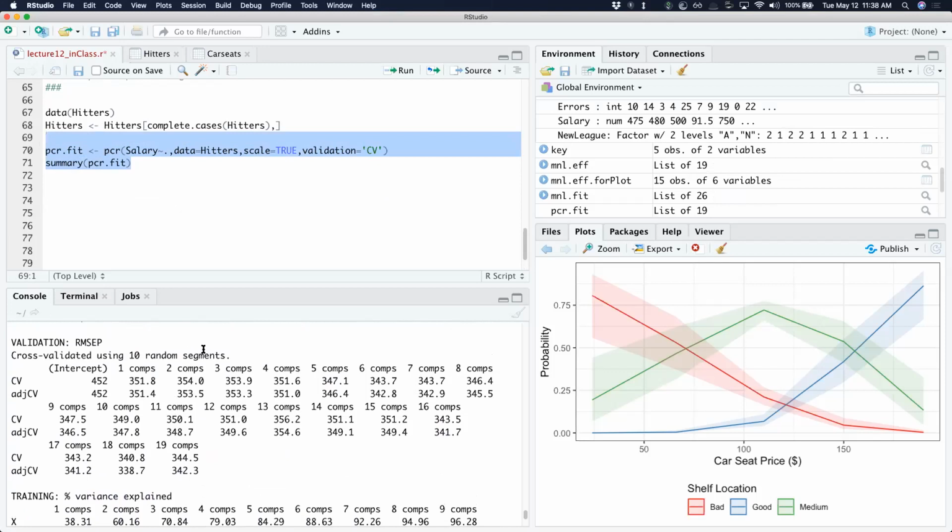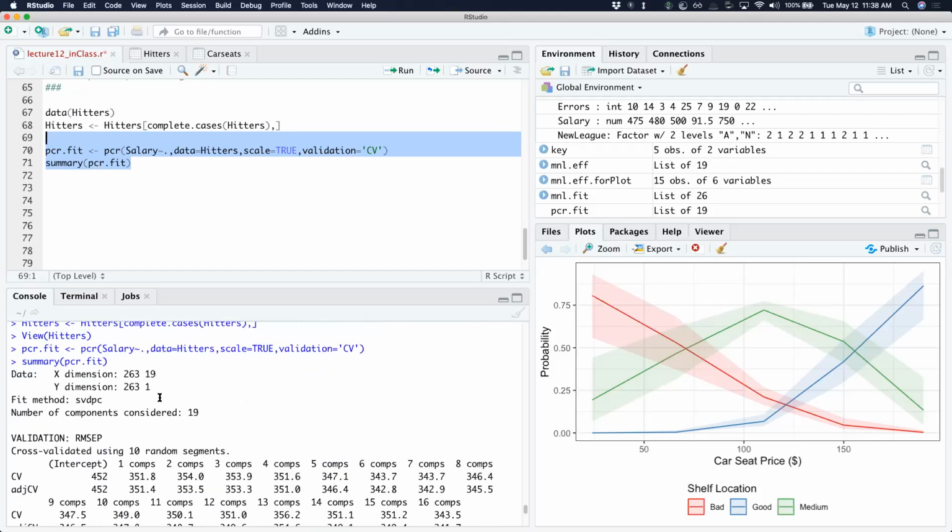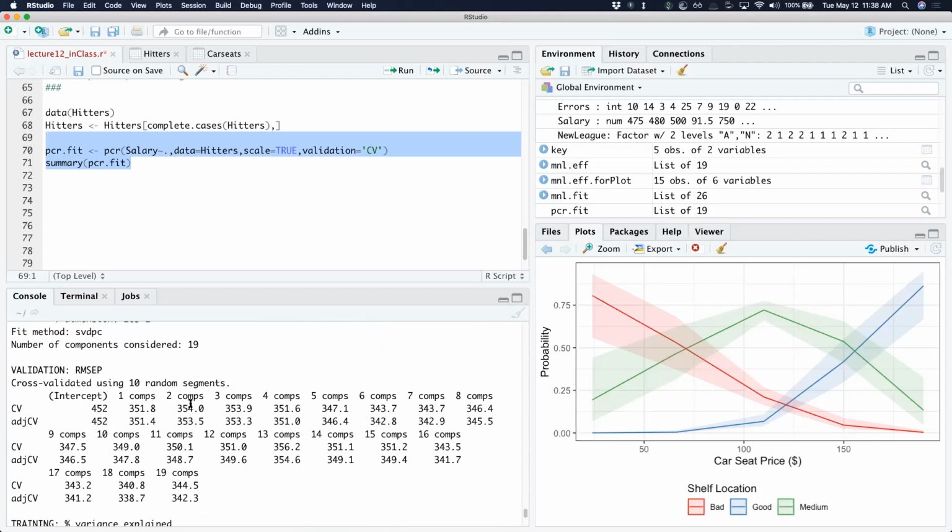Okay. So when I do a summary of the pcr fit, it doesn't even actually give you anything like the thetas for your different components. It's running through a whole bunch of different components. So if I had one principal component or two or three, in terms of the number of dimension reductions of the original data.